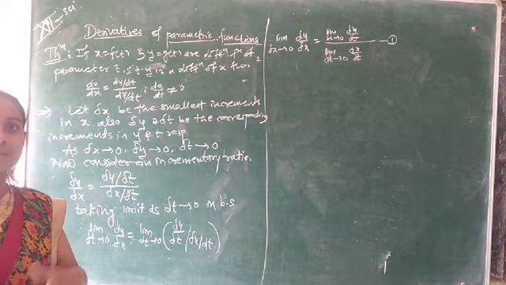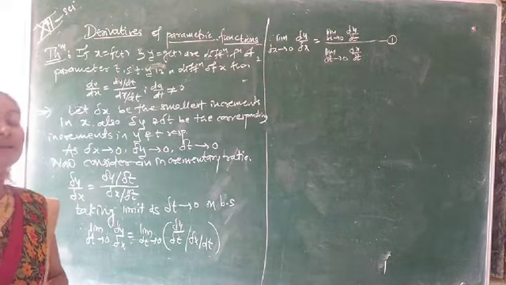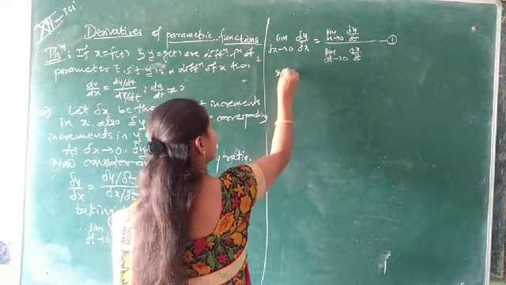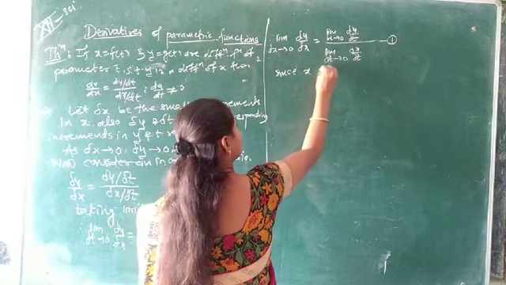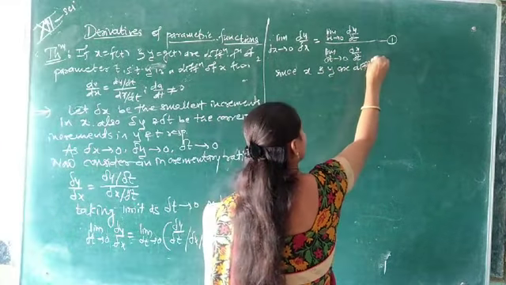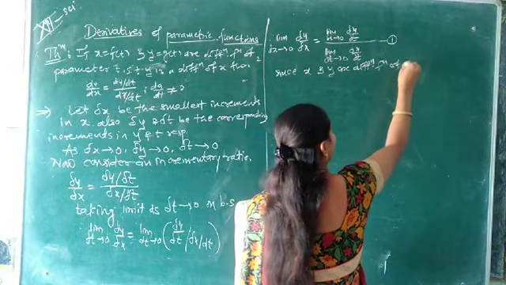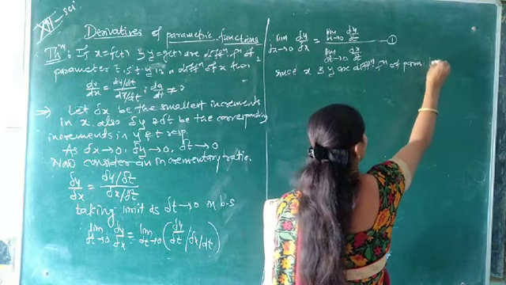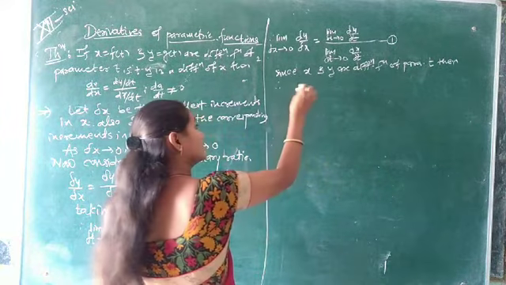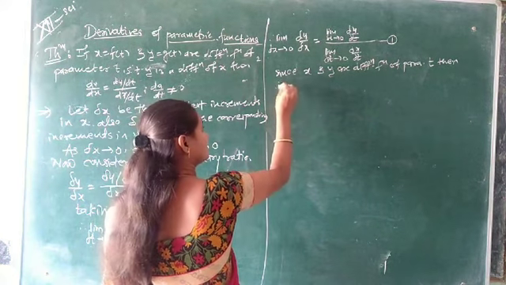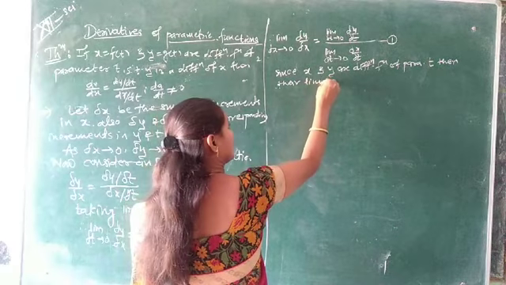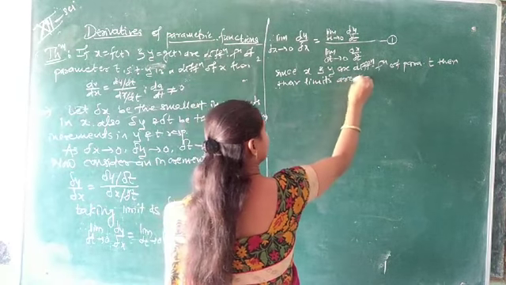Now look here, we are given that x and y are differentiable functions of t. So their limits, that is dx upon dt and dy upon dt, exist. Since x and y are differentiable functions of a parameter t, their limits exist.